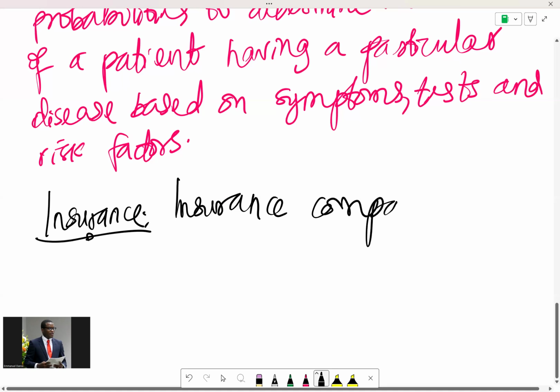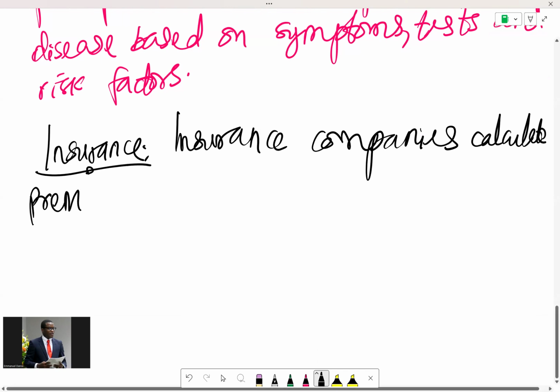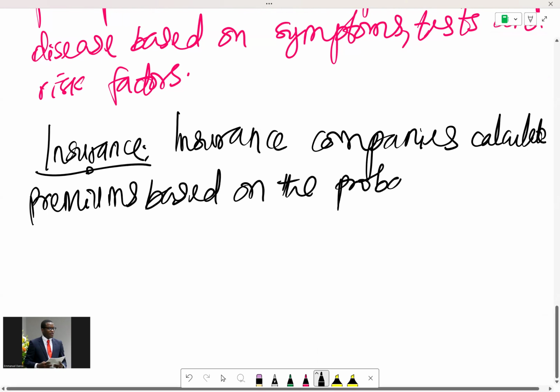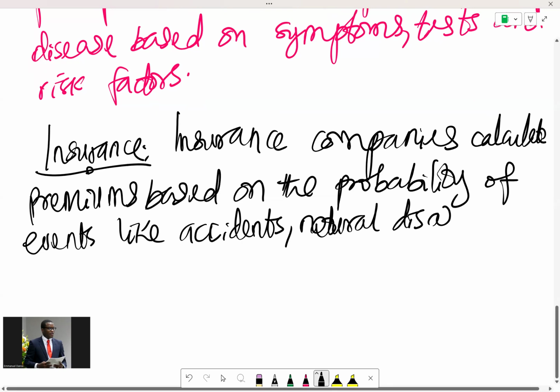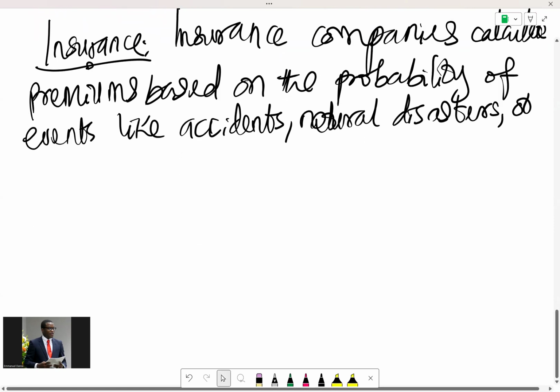Insurance companies calculate premiums based on the probability of events, like accidents, natural disasters, or health issues.